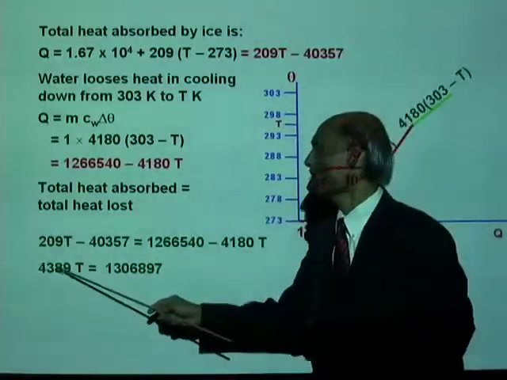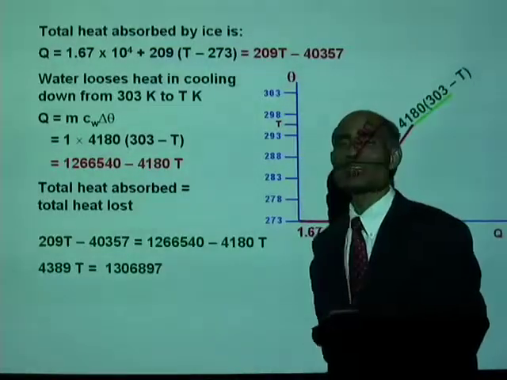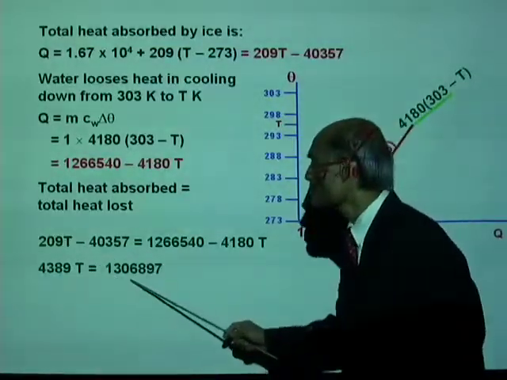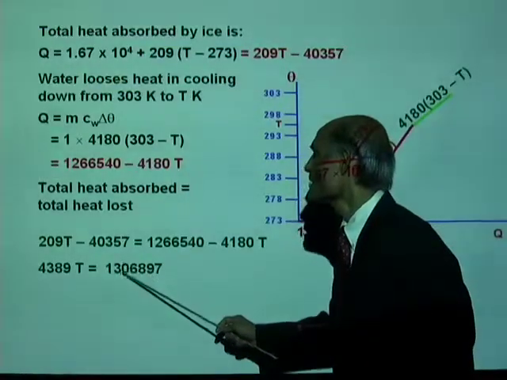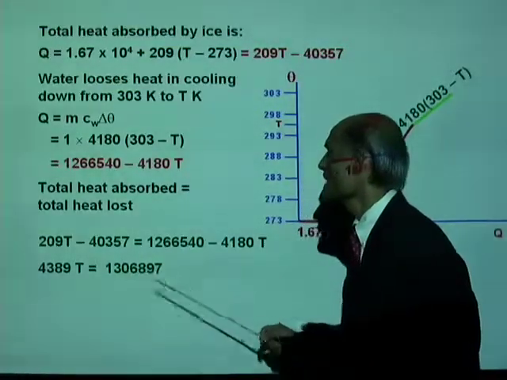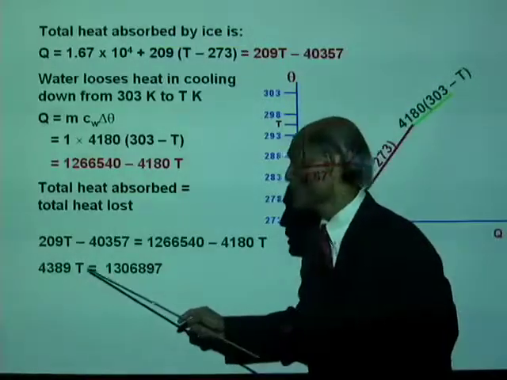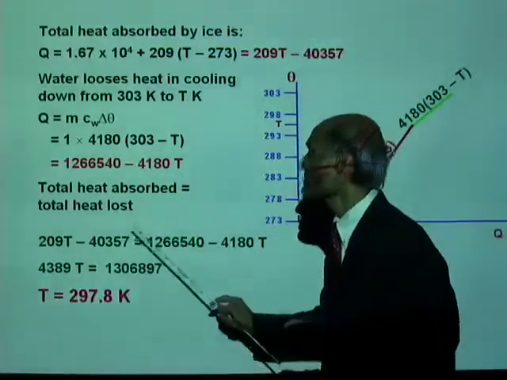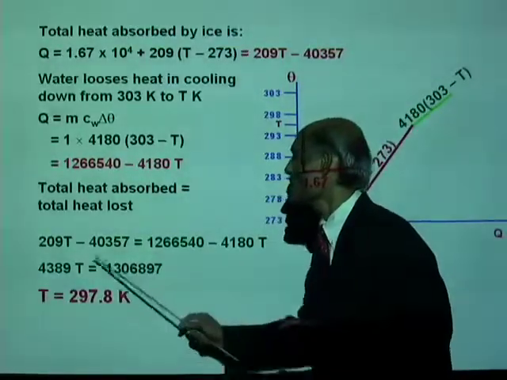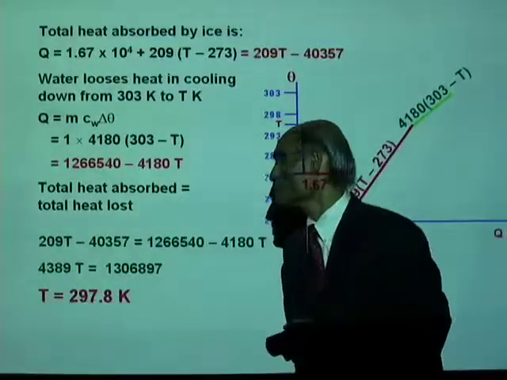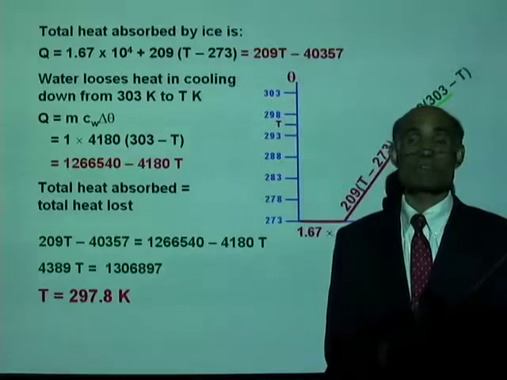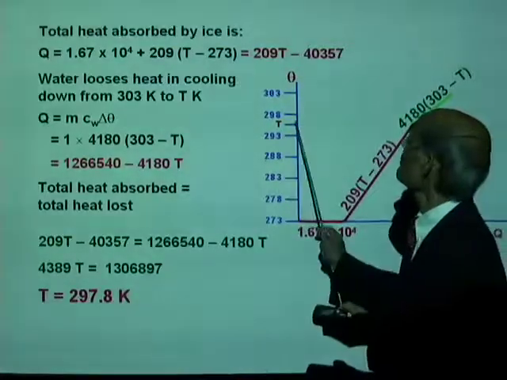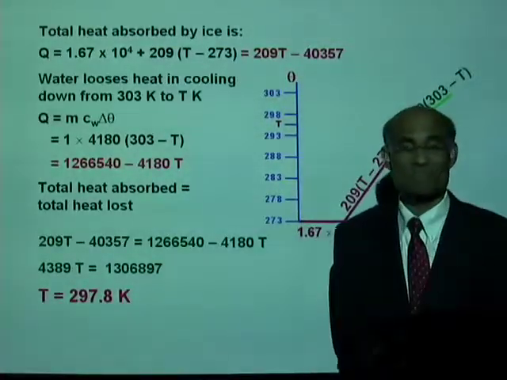We get 4,389 T equal to this big number. Well, that would be 1,306,897. Therefore, T equal to, divide the right side by this number, you get 297.8 Kelvin, and that is the final equilibrium temperature.